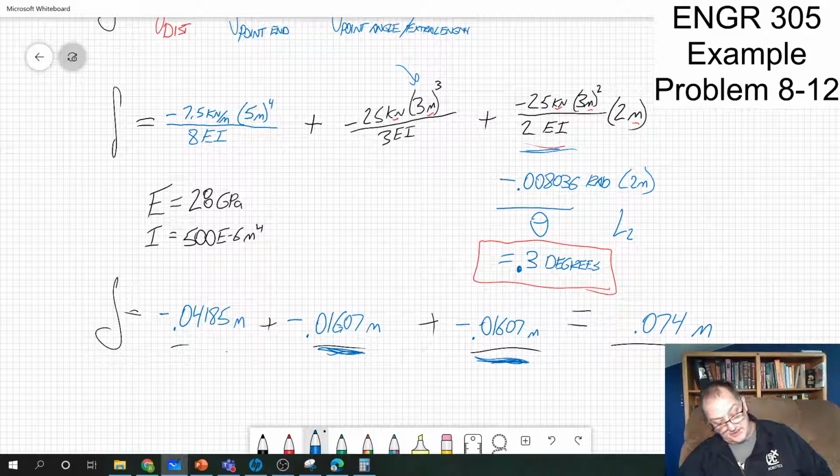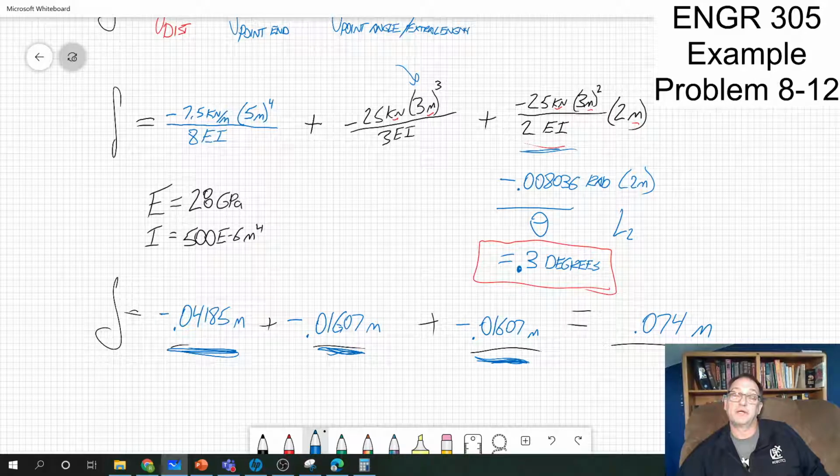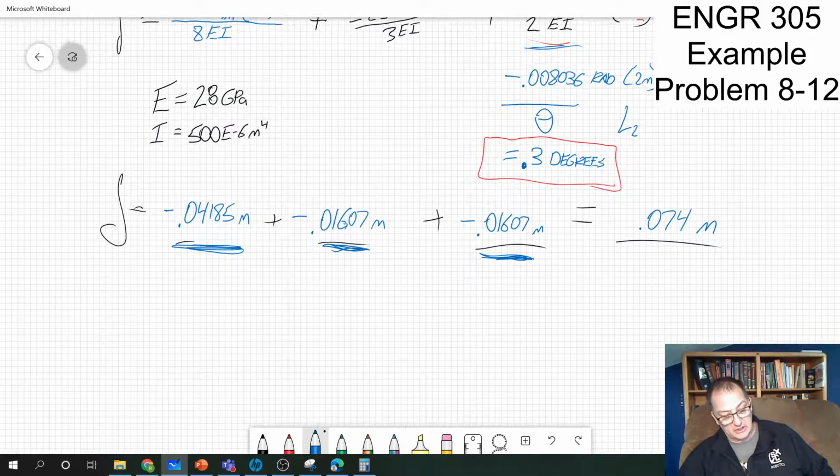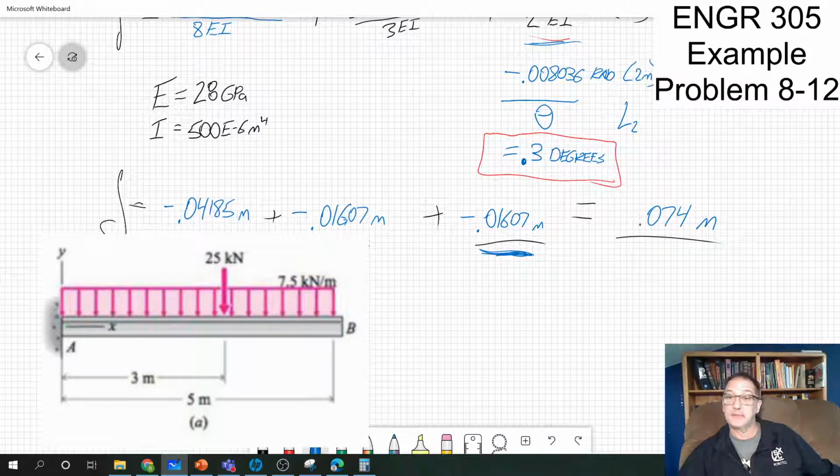Then what caught me as interesting is the distributed load. The distributed load is just over half. It's about 60% of the total deflection. But then I went back to the problem statement and looked at 7.5 kilonewtons per meter times 5 meters.